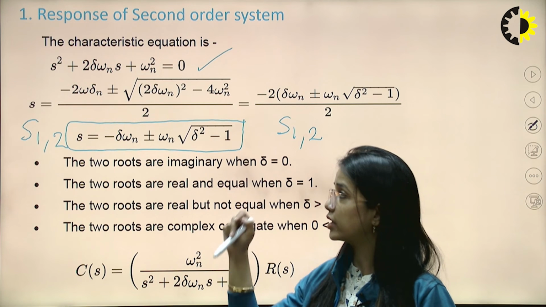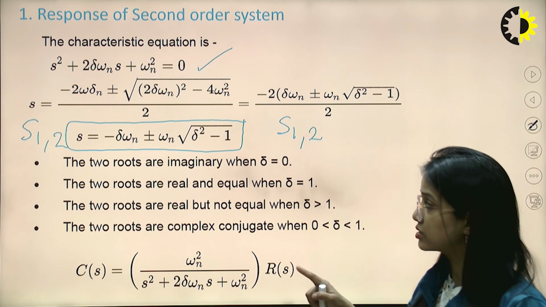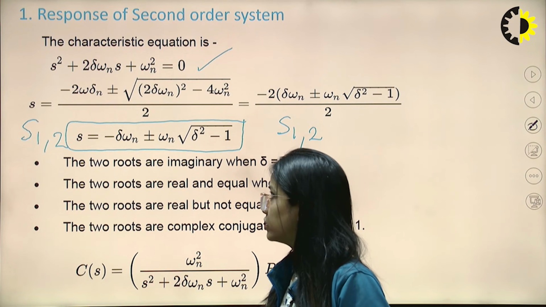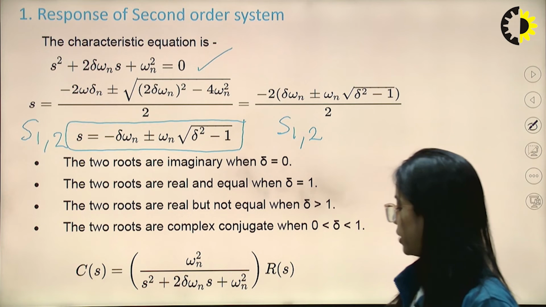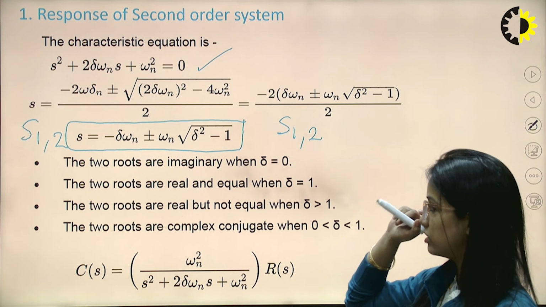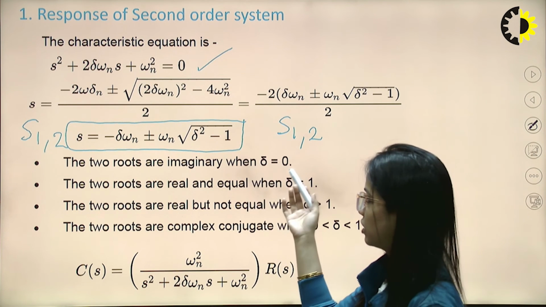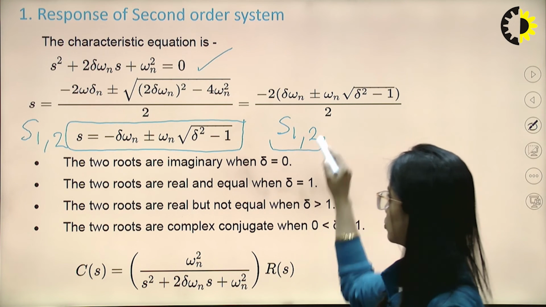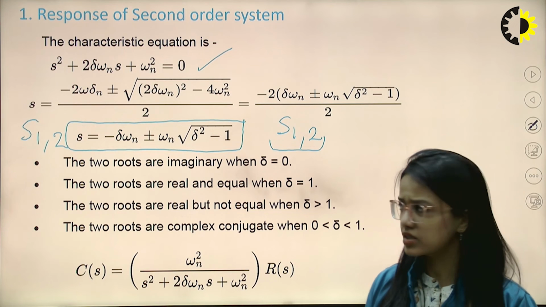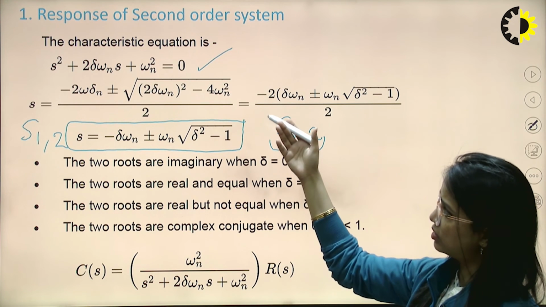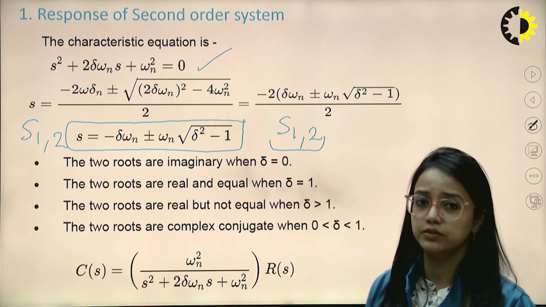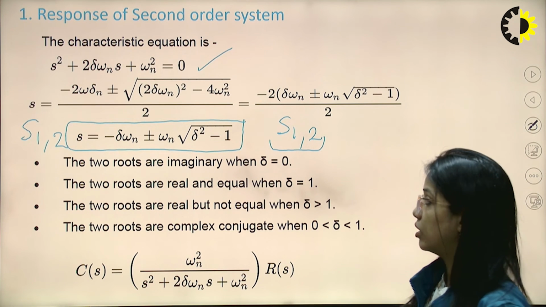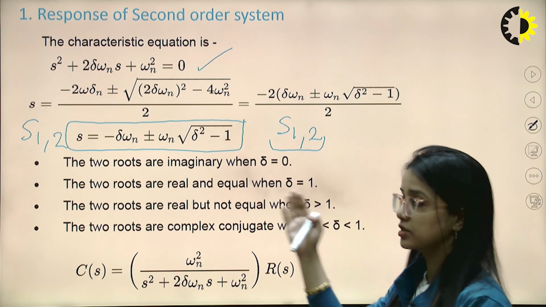Another is with the plus sign, minus zeta omega n plus omega n root over zeta square minus 1. So here we will substitute the values of zeta, and for different values of zeta we will study what happens to s. Now this s is nothing but the roots of the characteristic equation, and also they are the location of poles for the concerned system.